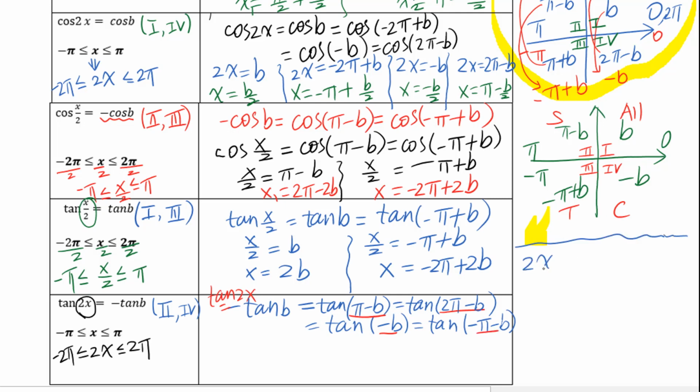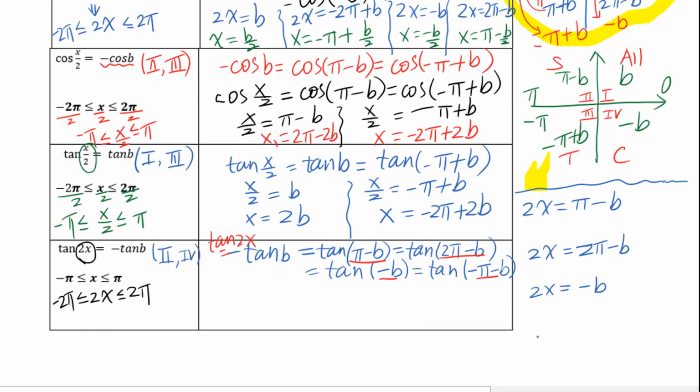You have 2x equals pi minus b, and 2x equals 2 pi minus b, 2x equals negative b, and 2x equals negative pi minus b.